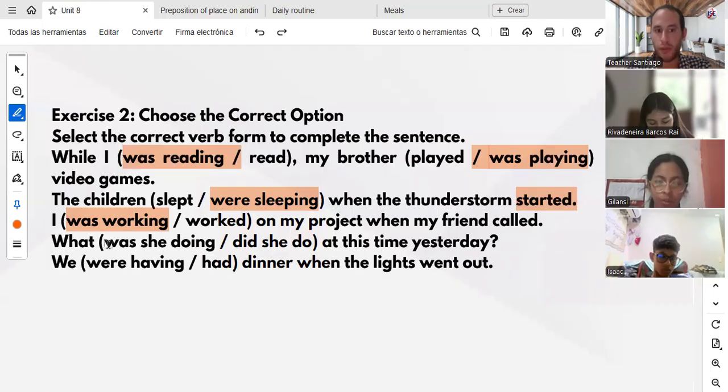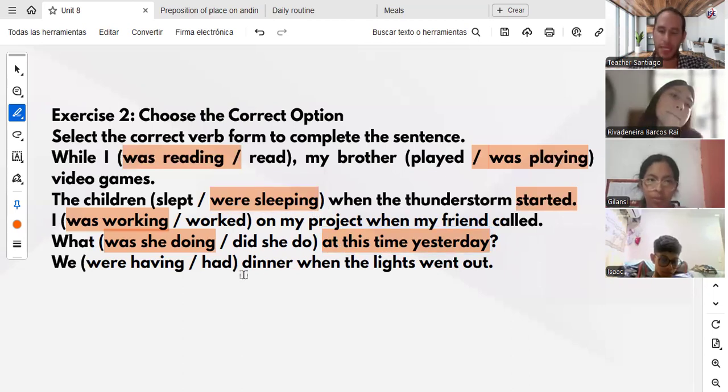So, what was she doing at this time yesterday? ¿Qué estaba haciendo ella ayer a esta hora? It's different if you said, what did she do yesterday? That's different. But in this case, at this time, it's something that was happening in the past, at a specific time, a moment in the past. The last one, Gilansi, please.